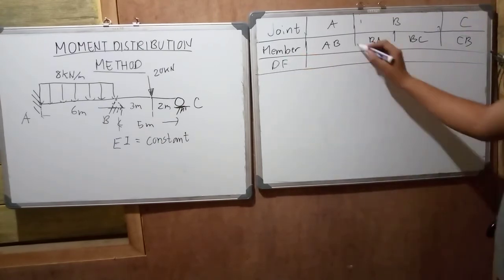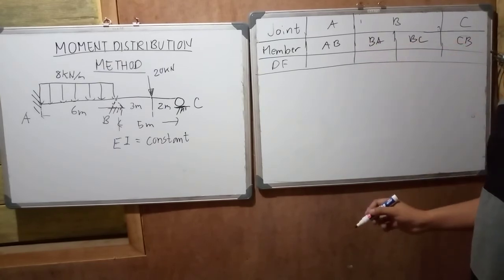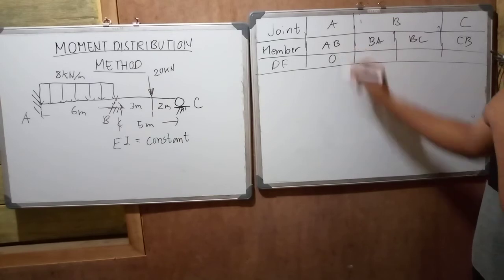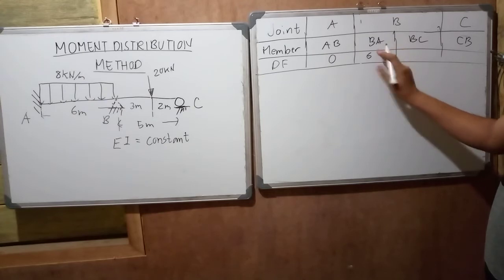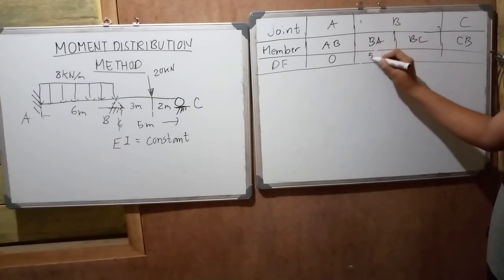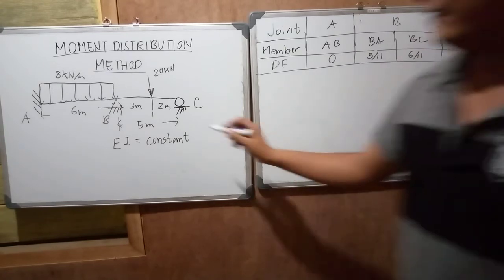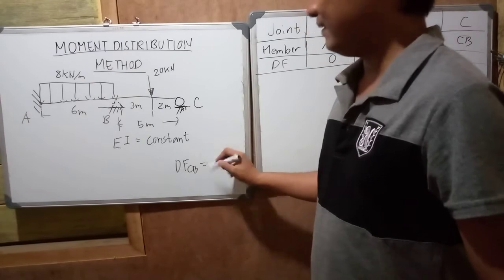Okay. Yan. So, naalala natin. So, si AB natin, distribution factor niya is 0, kasi fixed. BA is 5 over 11. Kay BC is 6 over 11. Kay CB, okay? Si DF CB natin is ano nga ba yun?